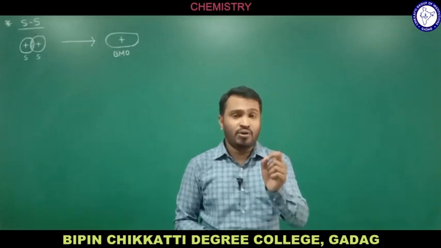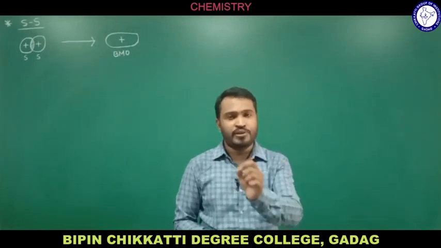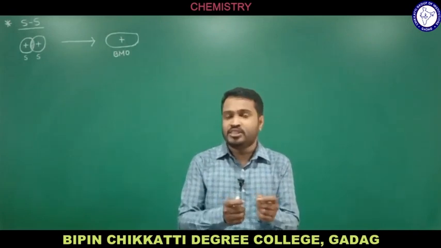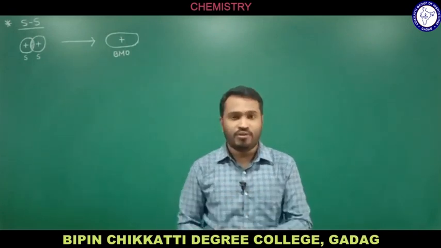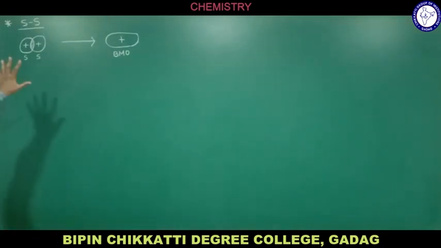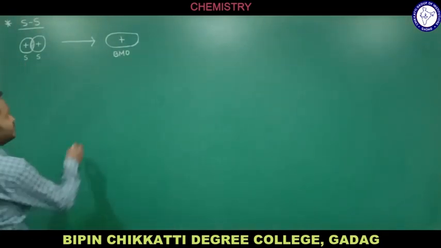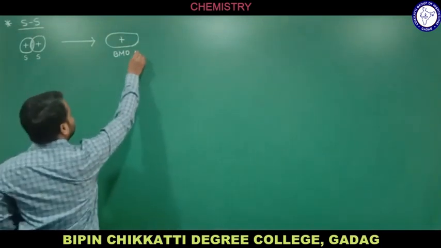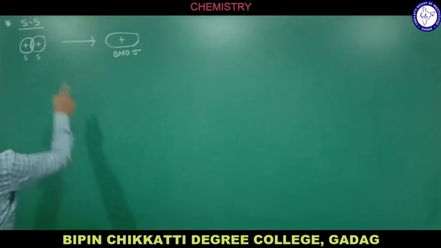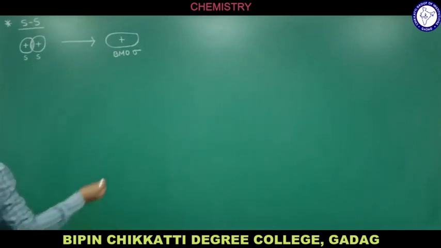If there is head-on overlapping, that corresponds to formation of a sigma bond. If there is sideway overlapping, that corresponds to formation of a pi bond. So here the two atomic orbitals are going to overlap head-on or coaxial, and here I can represent this as a sigma. So we are going to get sigma since there is a combination of atomic orbitals in the head-on fashion.